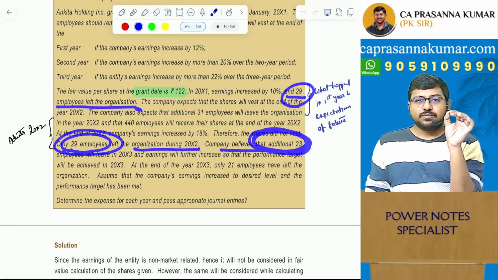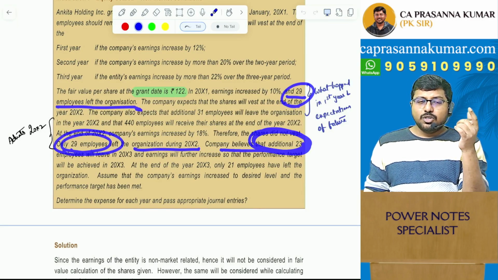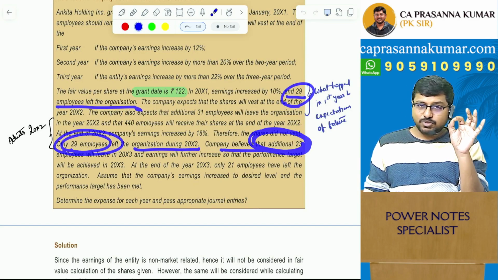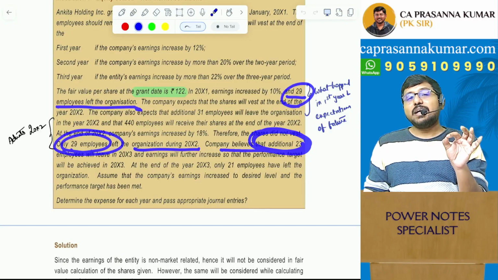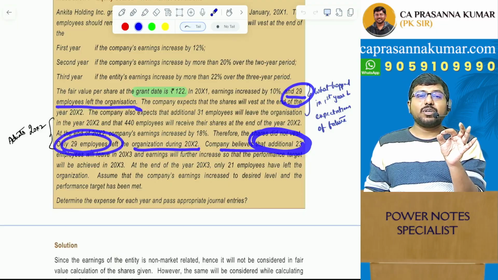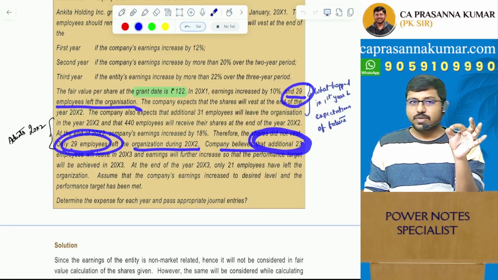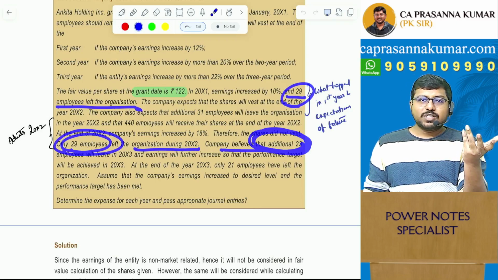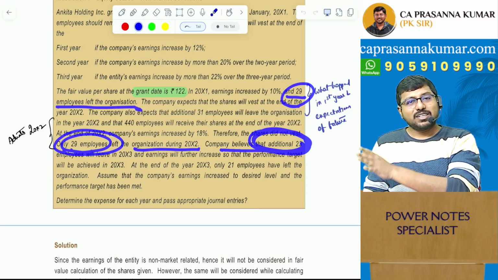Again I repeat, last year you were standing at the end of year 1. Because you are standing at the end of year 1, you know the actual number of employees that left in year 1, which was 29, and you are anticipating that the options will get vested in year 2. Therefore, the number of employees that you are expecting to leave in year 2, that also we have taken. Now you have come to year 2 ending, options did not get vested. So now you know that options will get vested at the end of year 3.